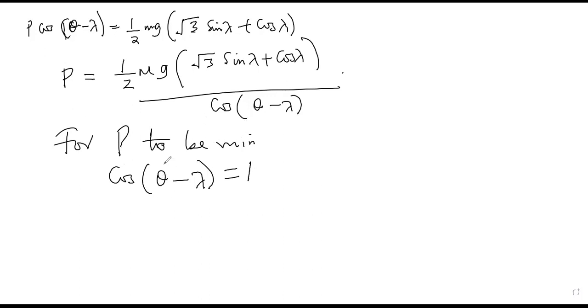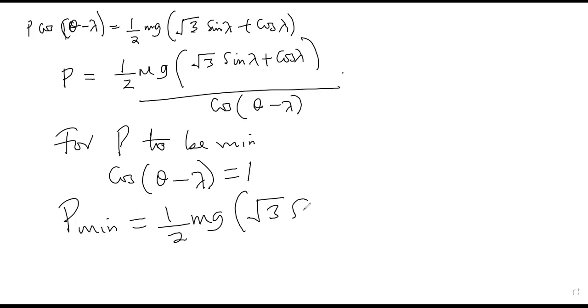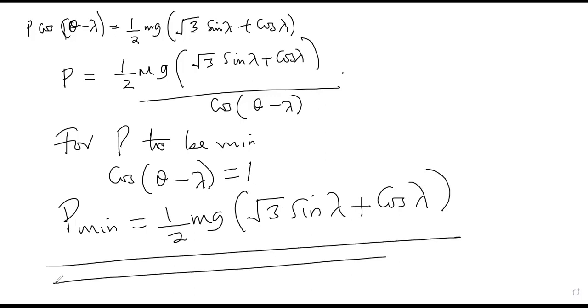So if cos theta minus lambda is equal to 1, then our P minimum is going to be equal to a half mg into root 3 sine lambda plus cos lambda. And that was required.